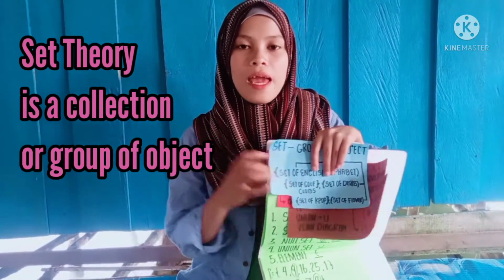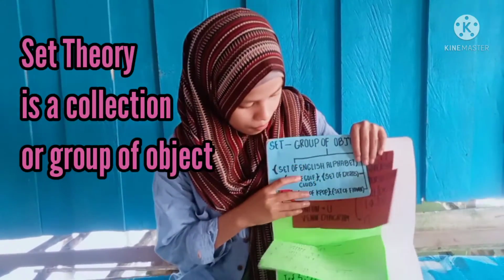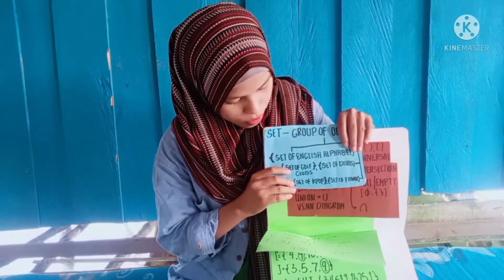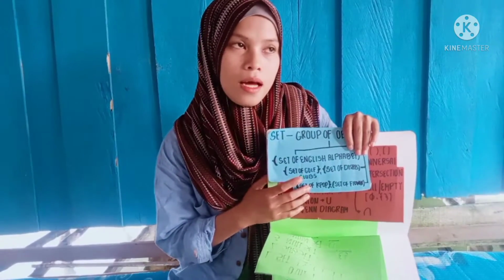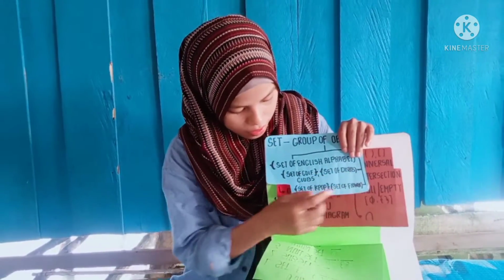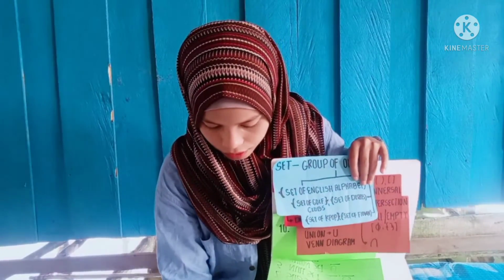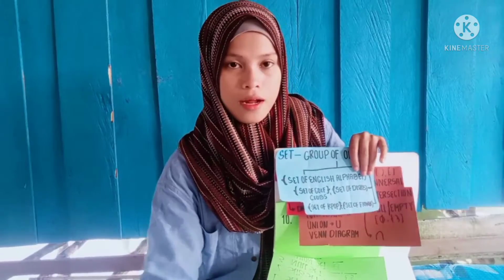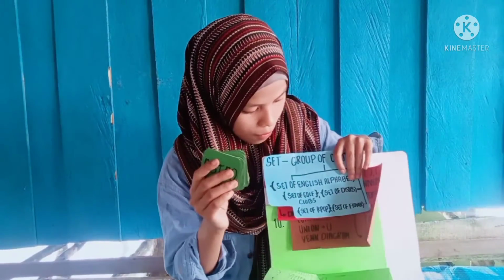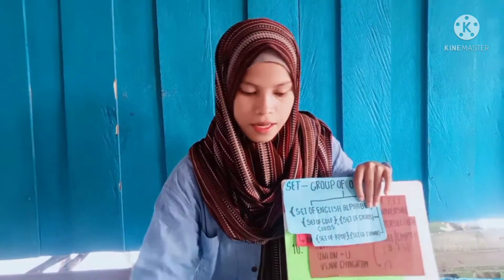What are the English alphabet? A, B, C, D. So that is a set of the English alphabet. We also have a set of golf clubs, which is an example of a set. And then a set of dishes, or a set of K-pop groups, just as we have done here. And then a set of flowers, just like this.